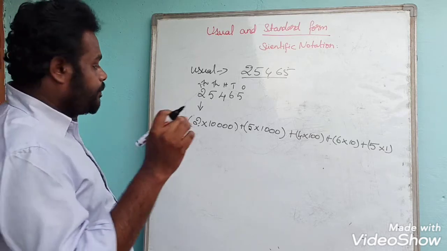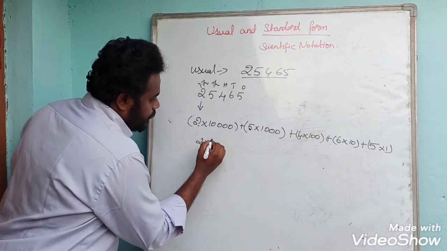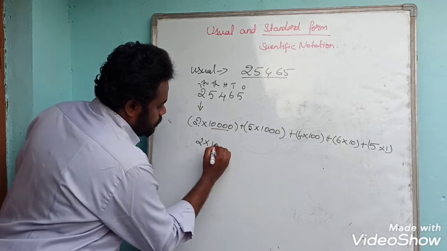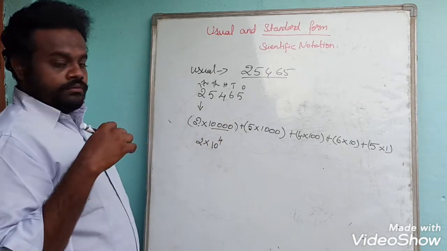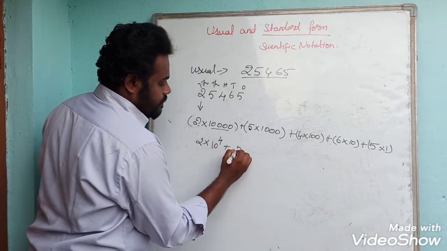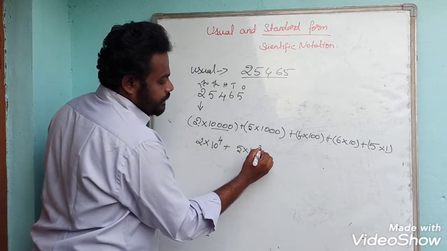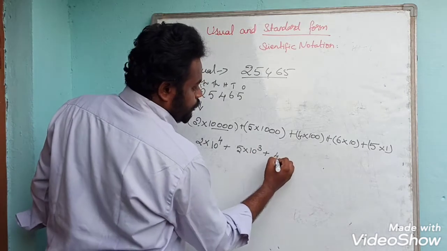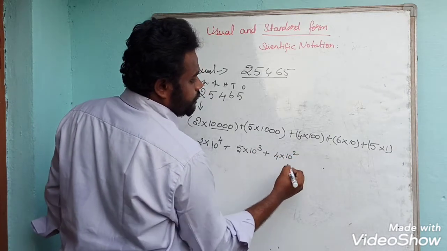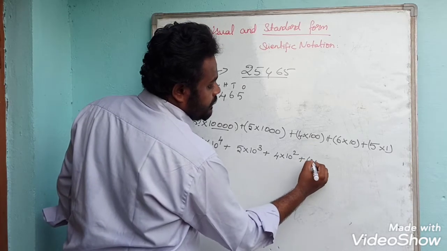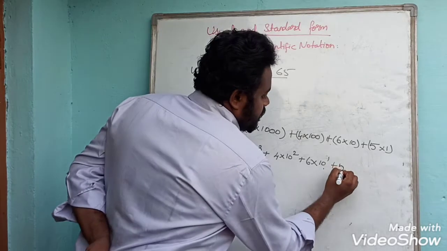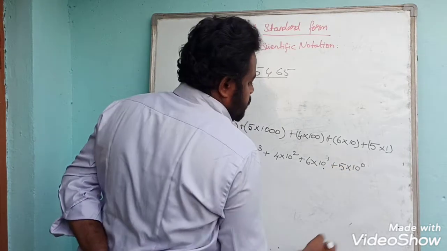So 2 into 10 to the power 4 plus 5 into 10 to the power 3 plus 4 into 10 to the power 2 plus 6 into 10 to the power 1 plus 5 into 10 to the power 0.